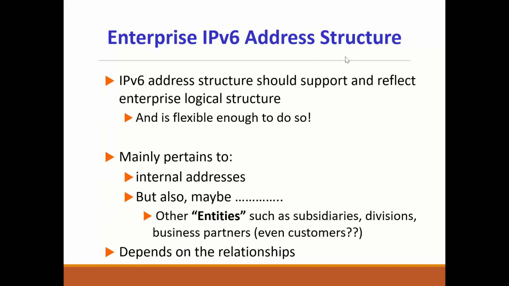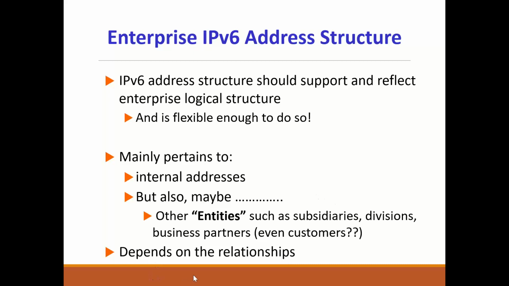So what we want to do is take all this great information that Nalini gave us last week and then merge that with this business information that we have and create an address structure that will work for us and provide value. What we're doing here is going to mainly pertain to internal addresses. In other words, we're going to come up with this grandiose addressing structure. When it floats out on the internet and somebody that's never heard of you sees it, it's not going to mean that much to them.